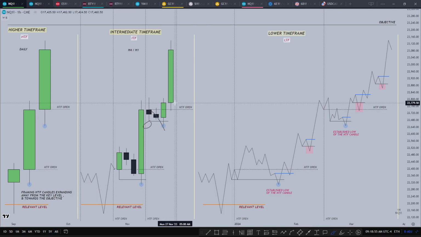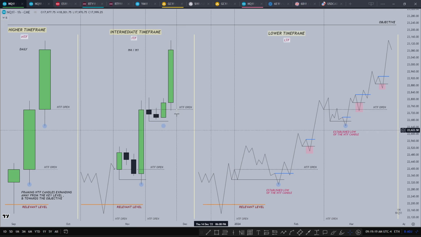I then frame this intermediate time frame OLHC because the high time frame OLHC is much more validated at that point. So framing this OLHC on the intermediate time frame is much more probable at that point. That's basically my model.